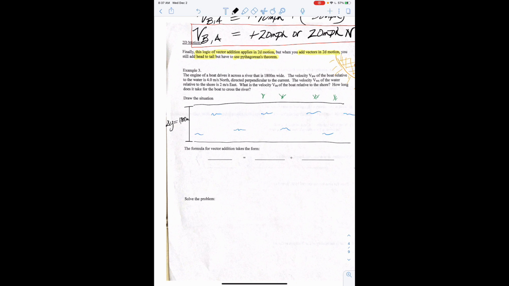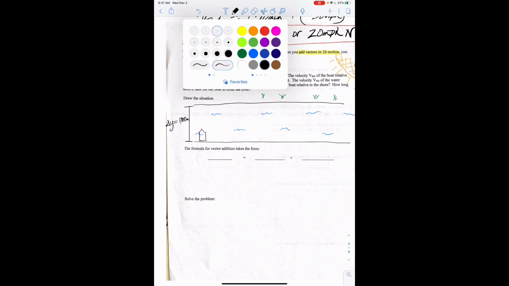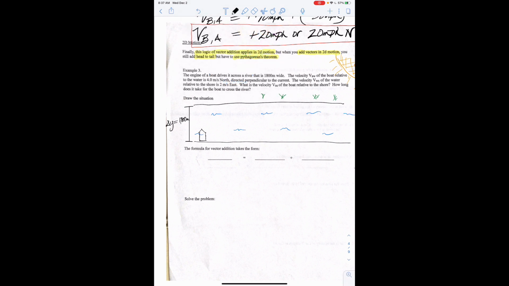All right, so let's go ahead and draw a boat here, maybe something like this. It's not going to be very good. We're saying that its velocity relative to the water is going to be something like this, and this is going to be 4 meters per second.